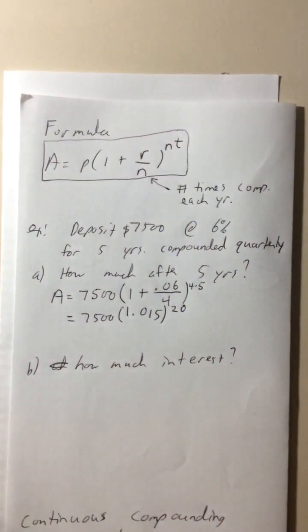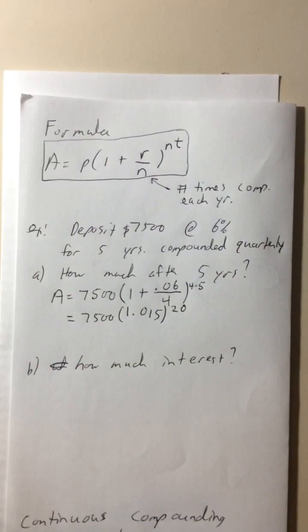I'm just going to raise that to the 20th power. That's not quite what I wanted here. I forgot to add 1. So 1.015 to the 20th power equals 1.34 blah blah blah.